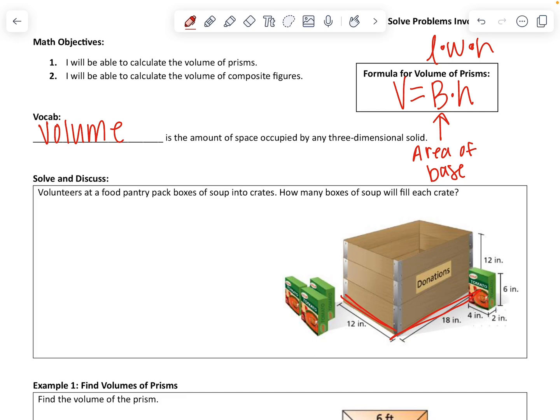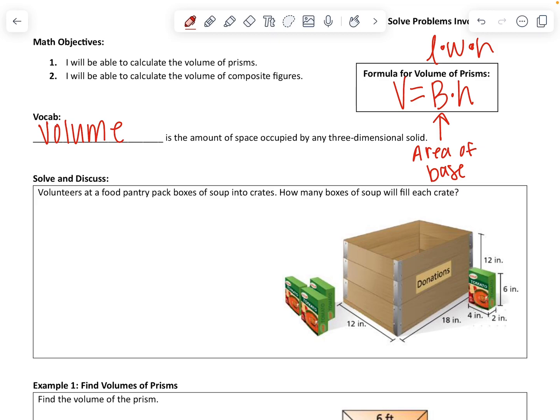So you're basically finding the area of the base, and then you're multiplying it by its height, which goes up. So length times width times height is the same thing as capital B times h. We're just finding the area of our base first, and then multiplying it by its height. It's the same thing you've been doing, we're just wording it a little differently.